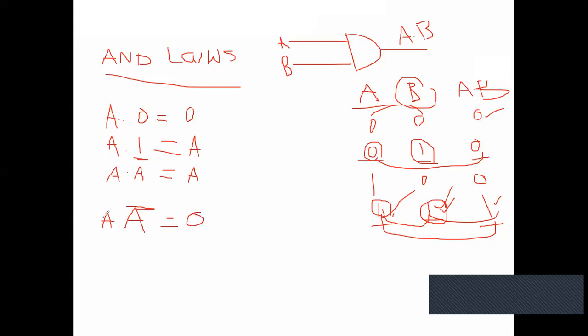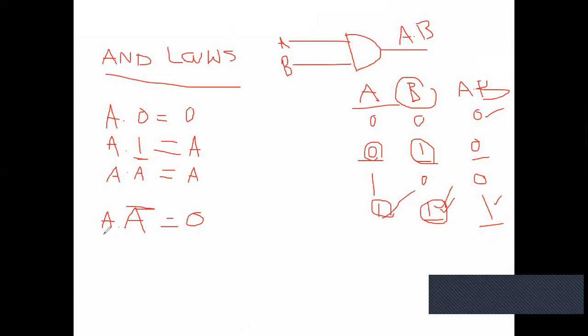Why are we taking this theorem? A into A bar equal to 0 means take this. Okay, A into A bar equal to 0.